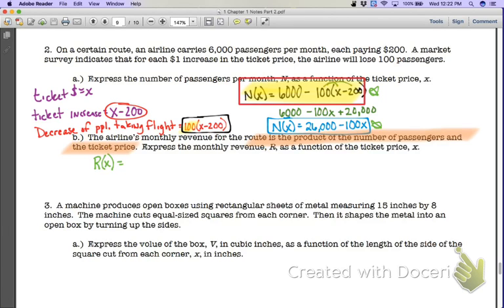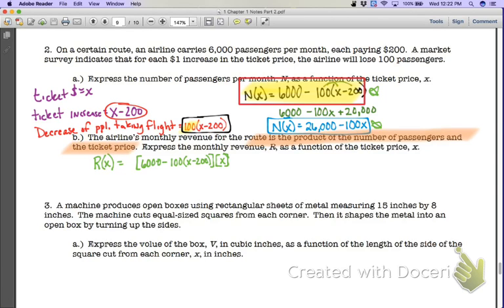Right? So you can basically take it one of two ways. You could either write it as, take the 6,000, if you would leave it like this, and have 6,000 minus 100 times x minus 200, and then multiplying it by x, that's the same thing.